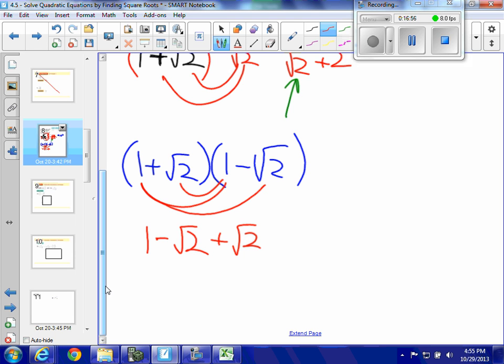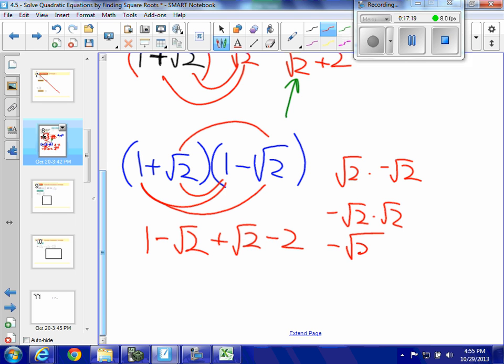Oh, this is getting exciting. And my last is radical 2 times negative radical 2, which is minus 2. Radical 2 times negative radical 2 is the same thing as negative radical 2 times radical 2, which is negative 2 times 2, negative 2.